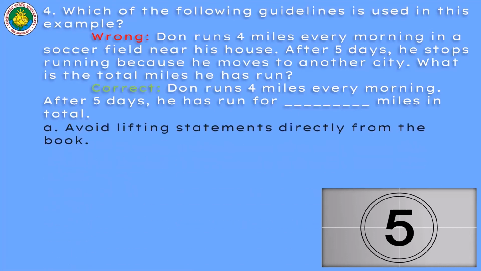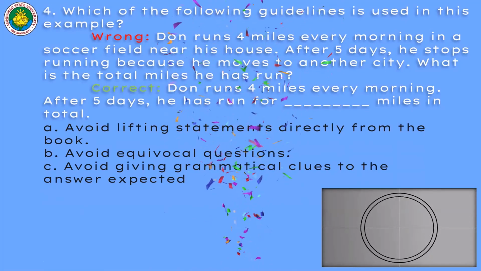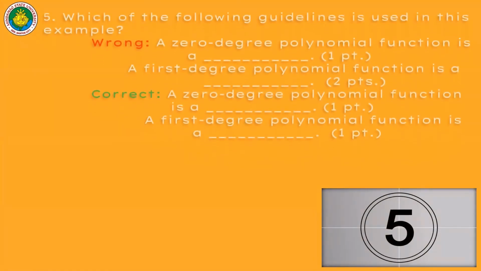Letter A, avoid lifting statements directly from the book. Letter B, avoid equivocal questions. And letter C, avoid giving grammatical clues to the answer expected. The timer starts now. Time's up.